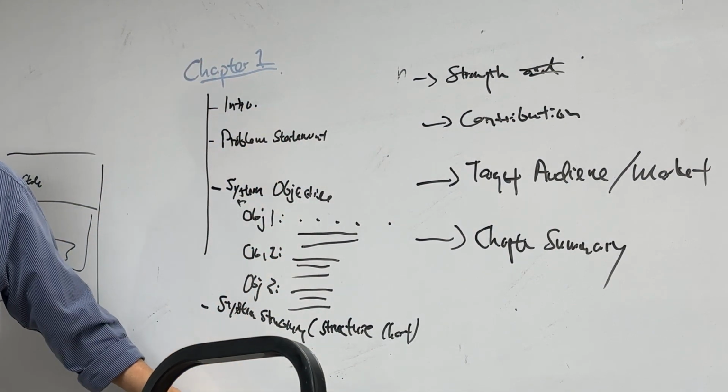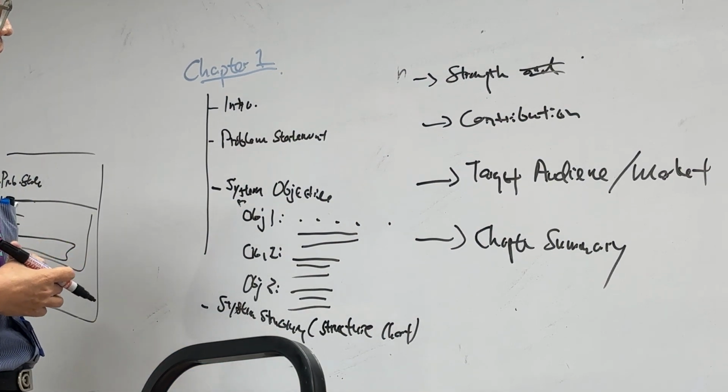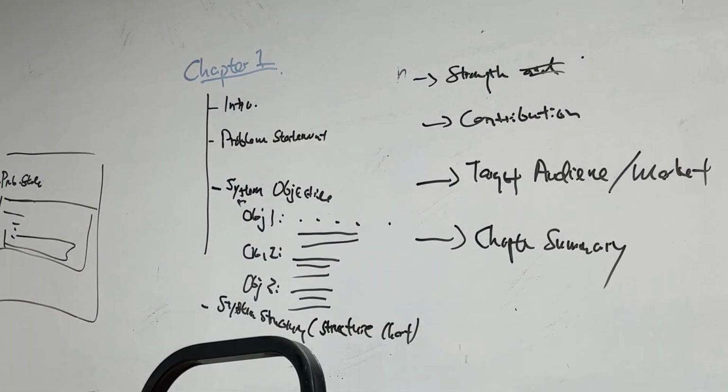Understand? What else? The strength and contribution are also points, then paragraph. Strength, you can put in paragraph. And that's it.